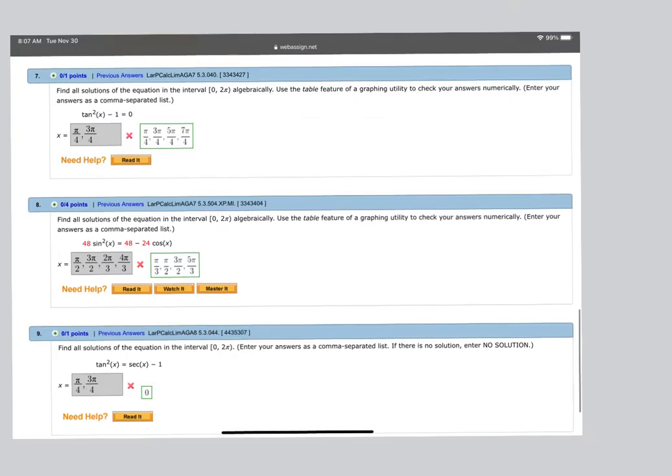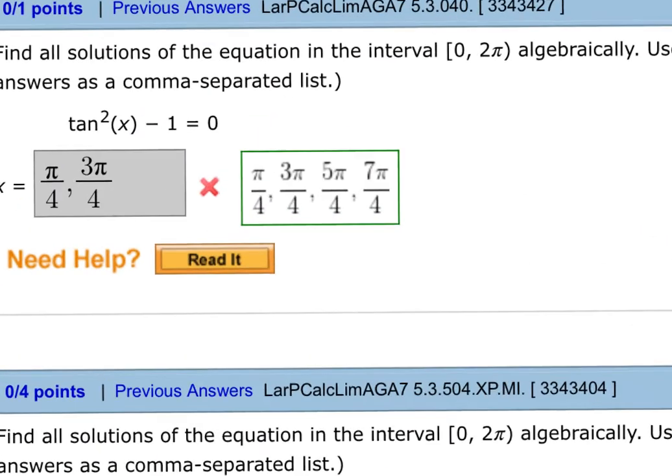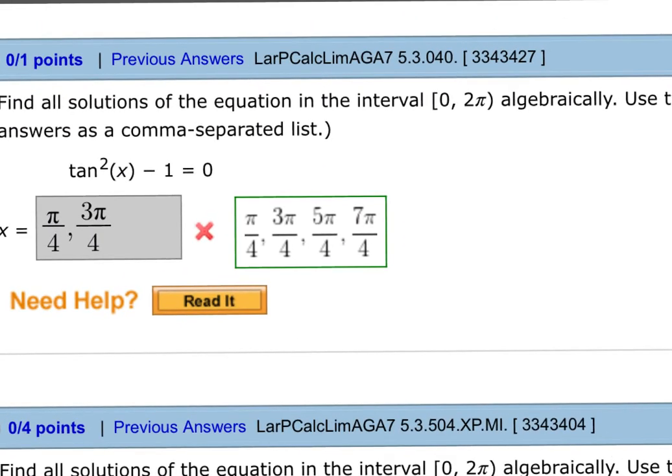Okay. So here are the questions I got asked about homework. For 7, it said tan squared of x minus 1 equals 0. So I would take the tan squared of x, set it equal to 1, and then square root both sides, but I put plus and minus there. So it'd be tan x equals plus and minus the square root of 1, which is 1. It says on the interval of 0 to 2 pi, which means you use your full circle.